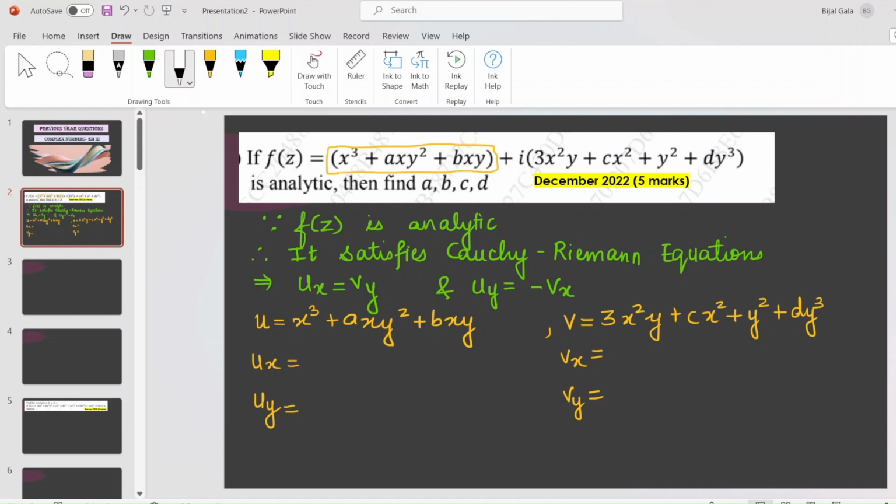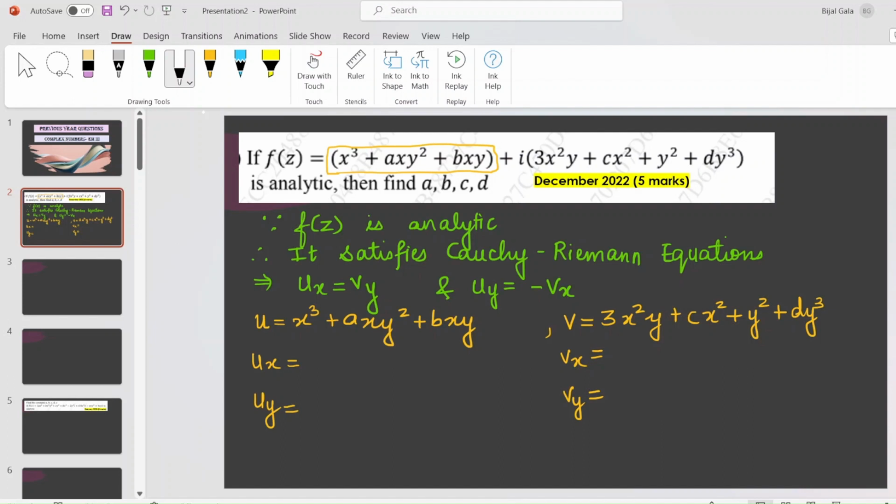All the other terms will be treated as constants. So if you look at u, you have x, you have a, you have y, you have b. So except x, everything else will be constant. And when you're doing uy, it's the same concept, but this time the variable will be y. Okay, I hope this is clear.